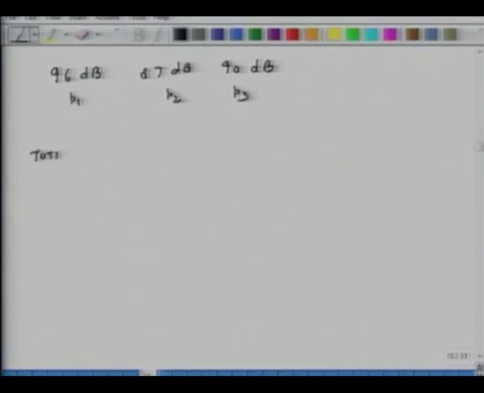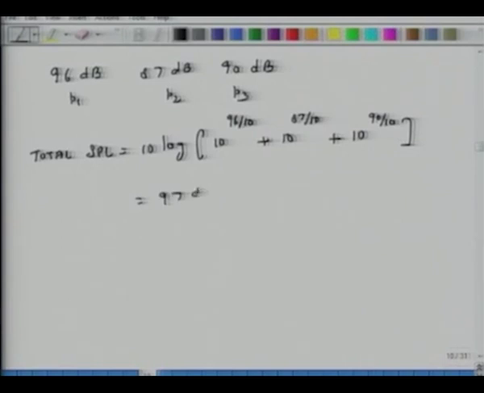Total SPL equals 10 log of 10 to the power of 96 over 10, plus 10 to the power of 87 over 10, plus 10 to the power of 90 over 10, and that gives me 97 dB. So it's just an increment of 1 dB.